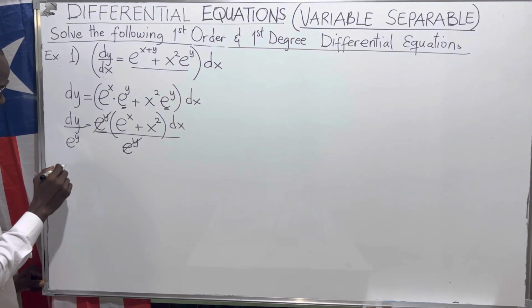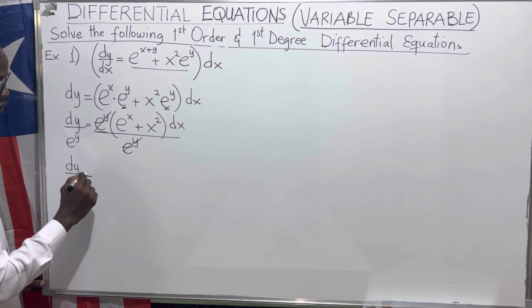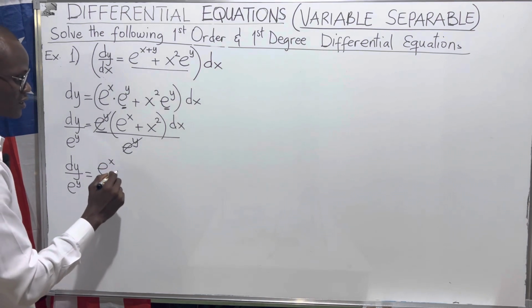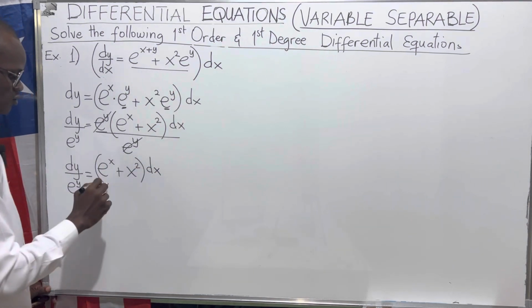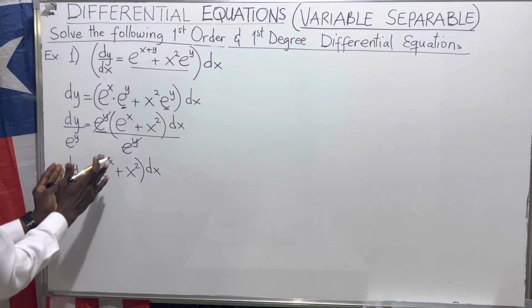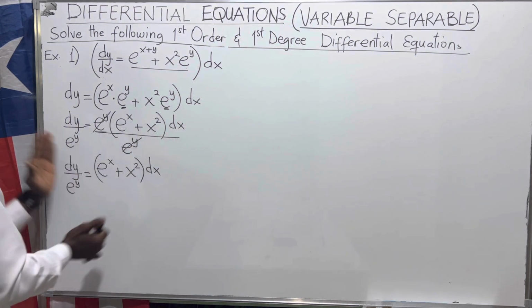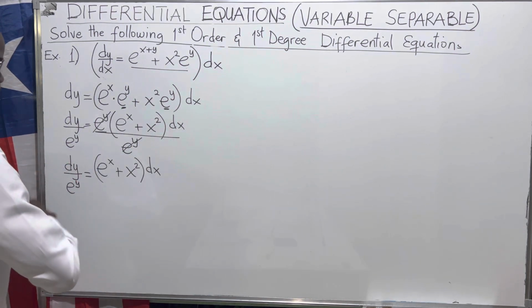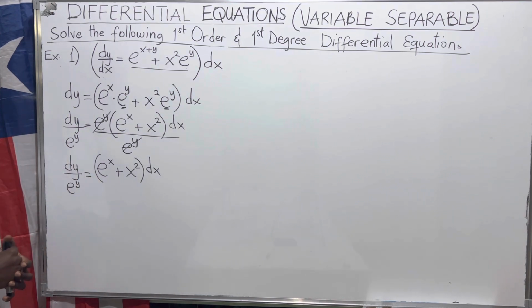Now we'll be left with dy all over e raised to the power y equals e raised to the power x plus x squared dx. So we clearly see that we have an equation that has separated all of the x from all of the y: all of the x on the right hand side of the equation and the y expressions on the left hand side of the equation.